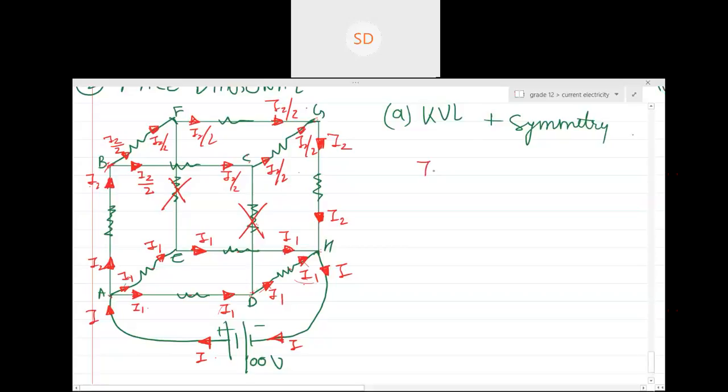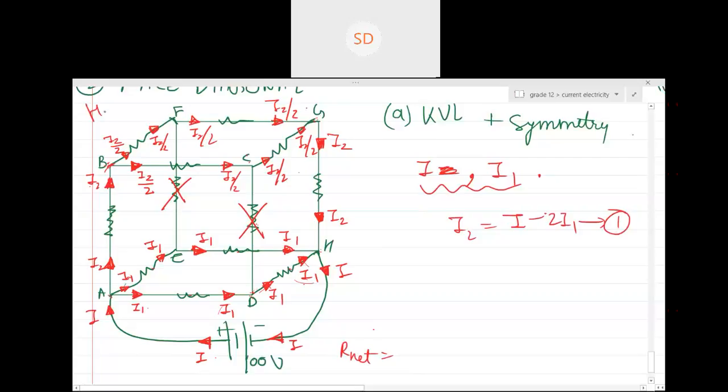How many variables are there? I is there. There is one more, I1, and only two variables are there, I and I1. I2 is basically I minus twice of I1. Yes or no? Yes, sir. So one equation I can make for you. The rest two equations you will make, and then we'll find the net resistance.